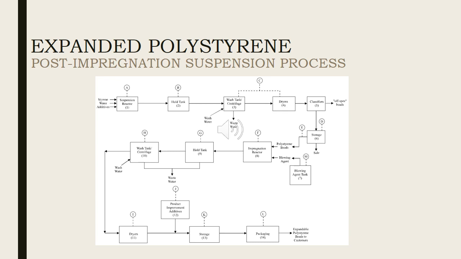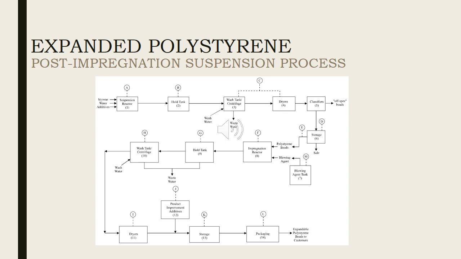From the dryer, they may be sent to a classifier, unit number 5, to separate the beads according to size, and then to storage bins or tanks, which is unit number 6. Product beads do not always meet criteria for further processing into expanded beads, and off-spec beads may be processed and sold as crystal polystyrene.